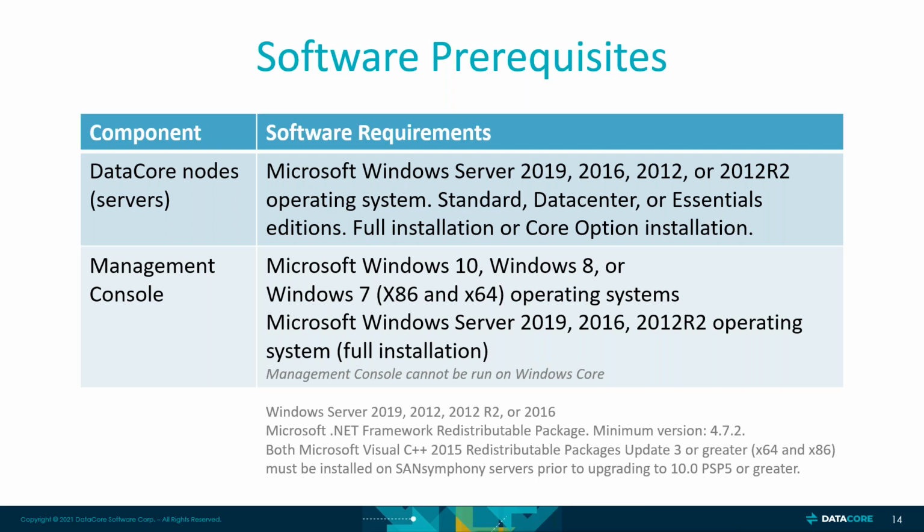So that's the main engine. The management console can run on Windows 10, basically PC or laptop operating systems. It does require the full installation because it's expecting to do display, mouse, and keyboard kinds of functions. So it is the head for these nodes. There are some additional requirements in terms of the .NET framework that's used here.